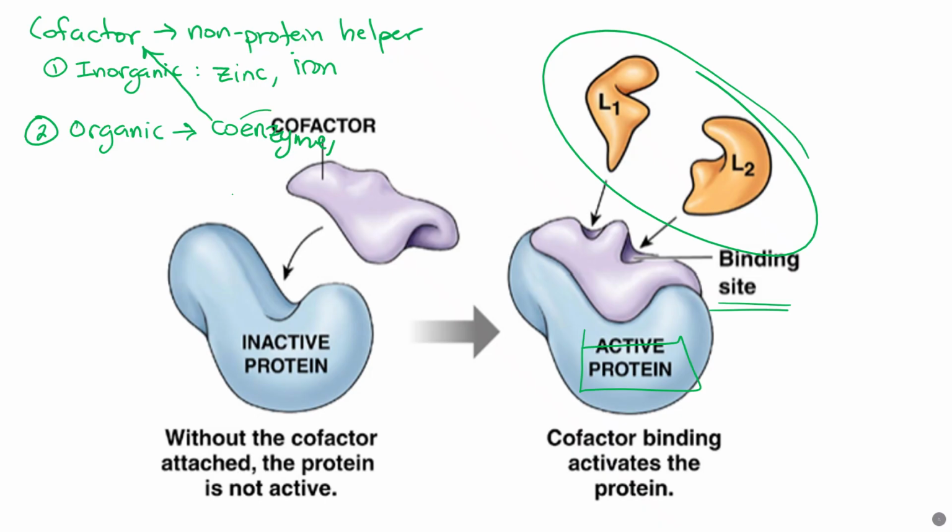So again, two types of cofactors: inorganic, and we can simply call those cofactors, or we have the organic, and they have the special name, coenzymes. I forgot to give you the example. It would be your vitamins.